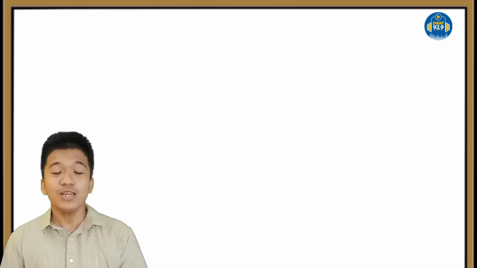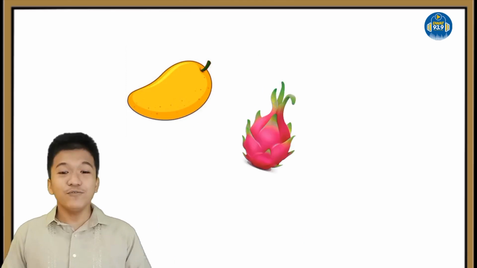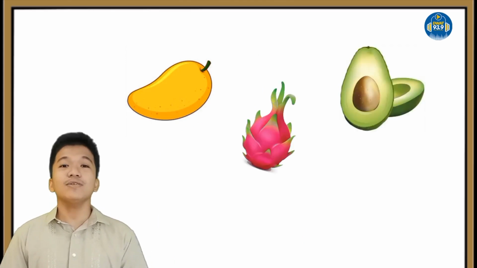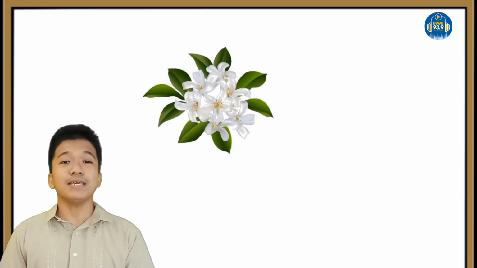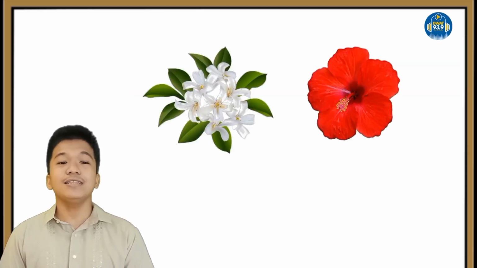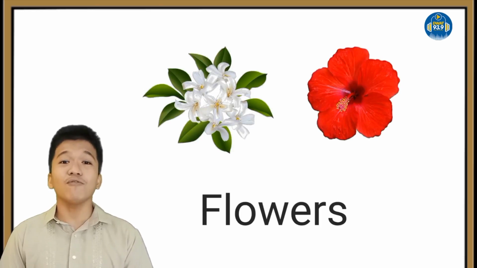So, let's see if your answer is correct. We can actually group mango, dragon fruit, and avocado because they are all fruits. And we can have sampaguita and gumamela in the same group since they are all flowers.